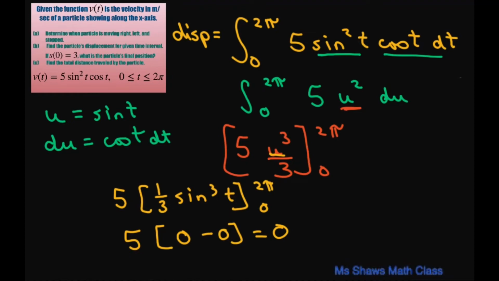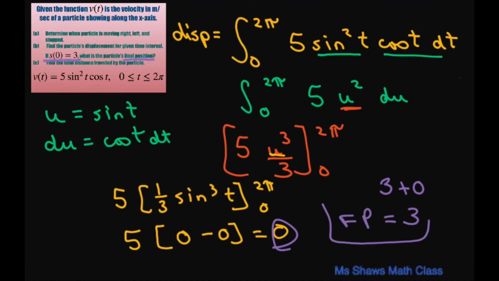All right, so from there, let's look and see. If our starting position is 3, for our final position, you're just going to add this 0. So our final position is 3. And then we have to find the distance traveled. So let's do that.